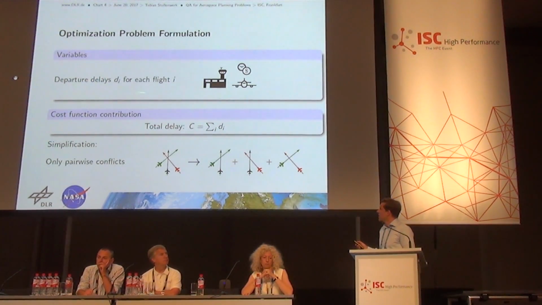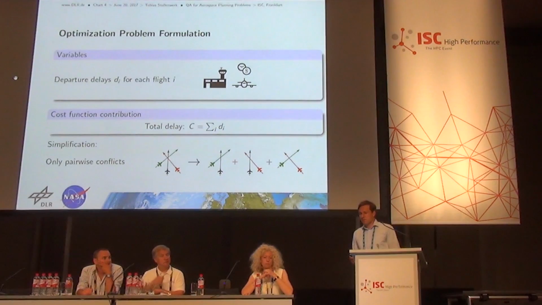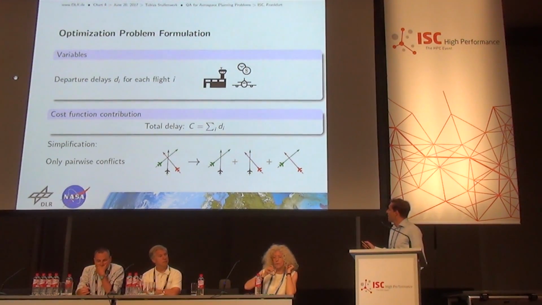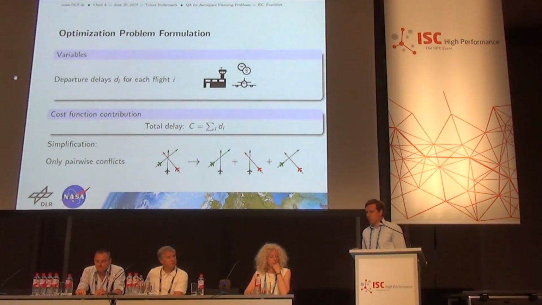I can keep flight i for a certain amount of time on the ground. And of course we want to keep these delays as minimal as possible. Therefore the total cost function is given as the sum over all these departure delays over all flights i. But at the same time I want to avoid all the conflicts. This is my optimization problem.